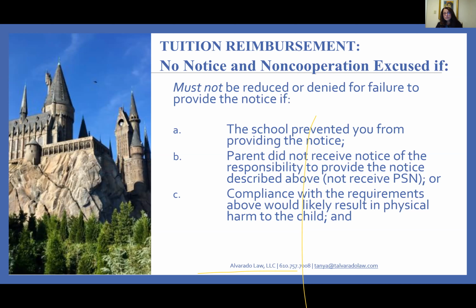The hearing officer will find, and you have to prove it, that this has been happening and that the school district was aware of the bullying. But that would be a situation where not giving notice would be excusable because the child was likely in harm's way.